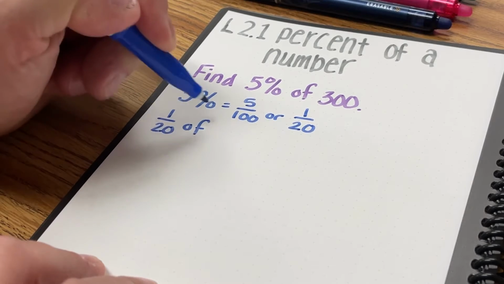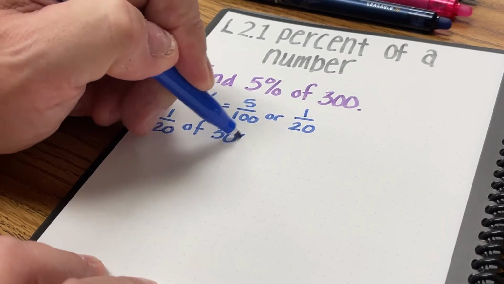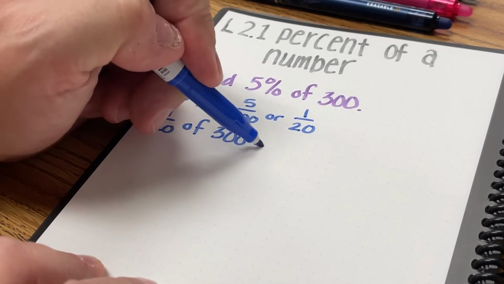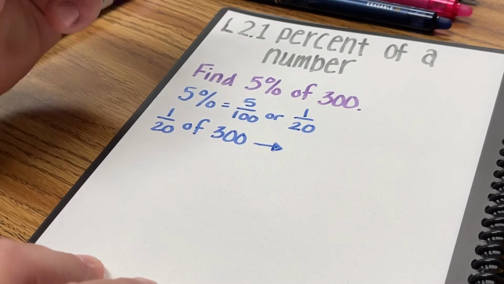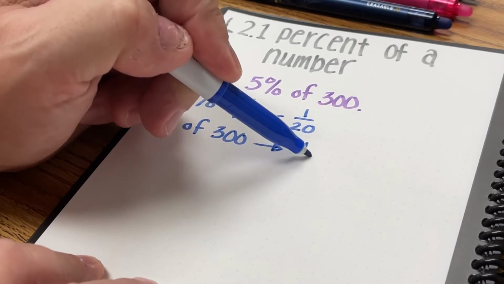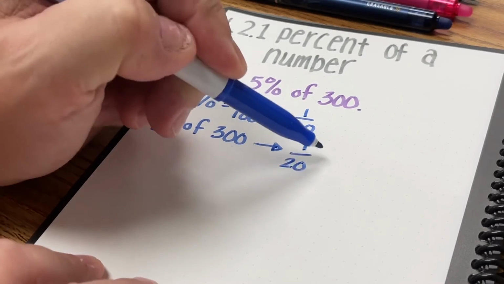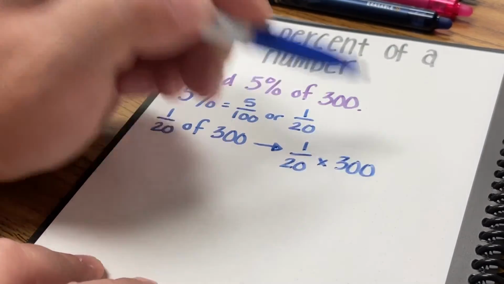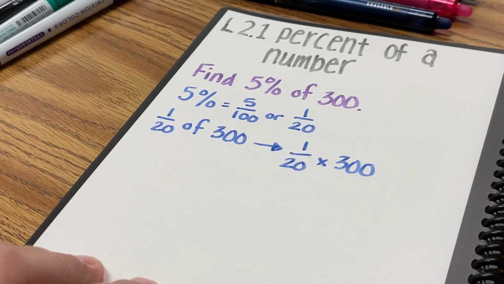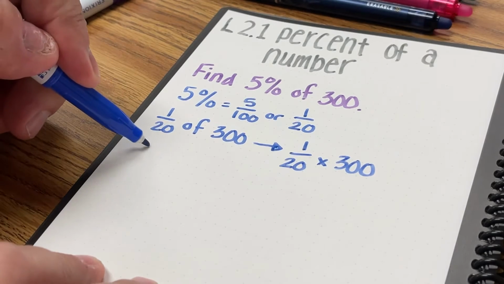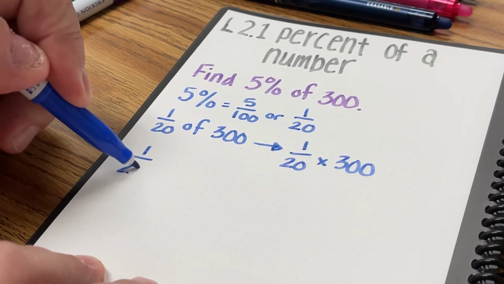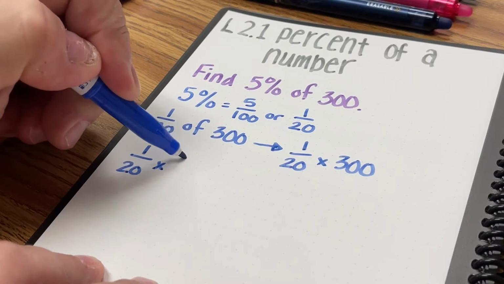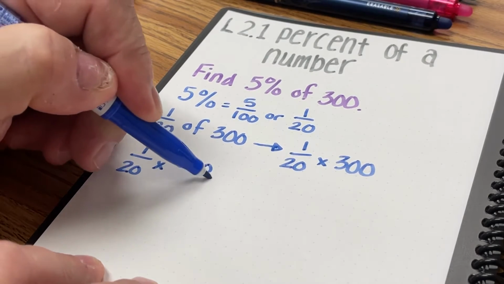Now I can think of this problem as 1/20th of 300, which is the same thing as 1/20th times 300. I'm going to rewrite it as 1 over 20 times 300 over 1.